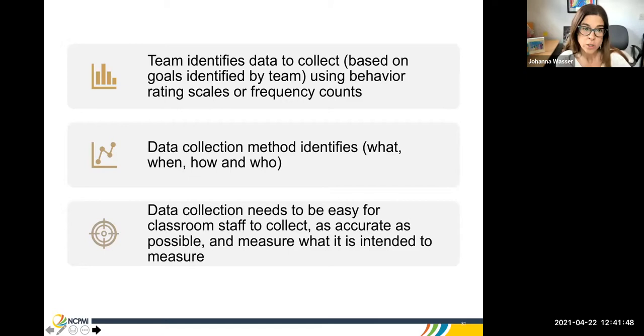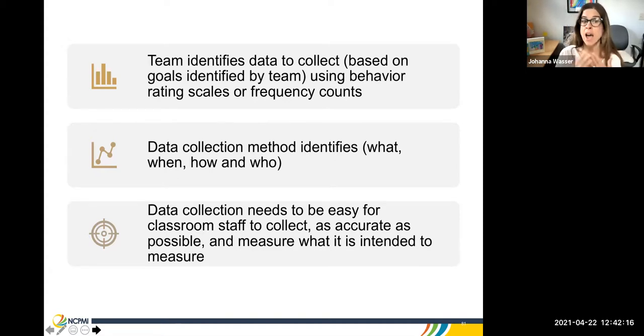In your manual, you have some examples of how to collect data, which is really helpful, and I highly recommend looking through that. The other thing is we need to decide who is taking data and where will the data be collected, or kept, right? Because oftentimes that's some of the issues. I don't even know where the data sheet is.